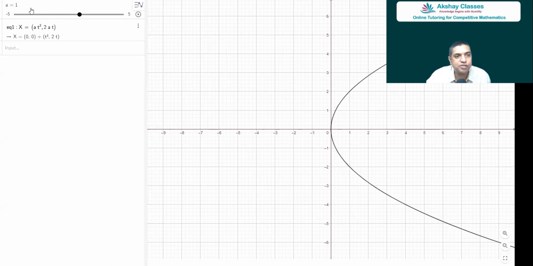Now the value of a is fixed at 1 and it has plotted. So this is the locus. It has plotted this (at², 2at). As t keeps changing, you get different values.